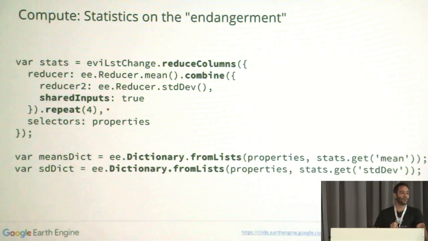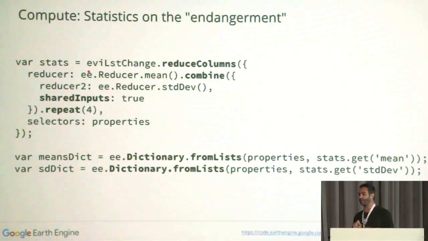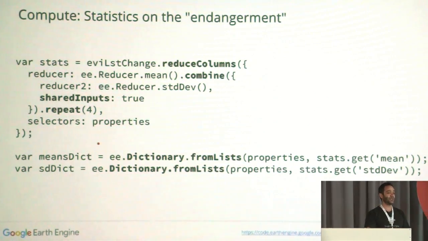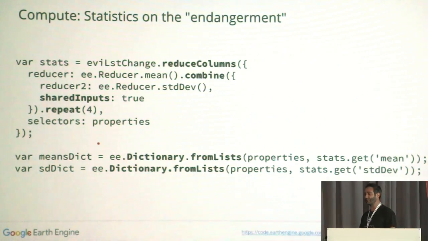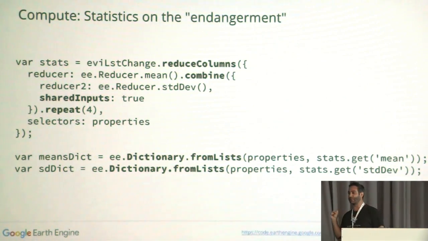Unlike images, which automatically repeat the reducer per band, you need to tell the reducer to repeat itself. So in this case, we have 4 columns, or 4 properties, and so we call repeat with an argument of 4 to specify that we want this combined reducer to be repeated 4 times, once for each column that we want to reduce. What comes out of here is an object that contains 2 dictionaries, one dictionary for each of the reducers.